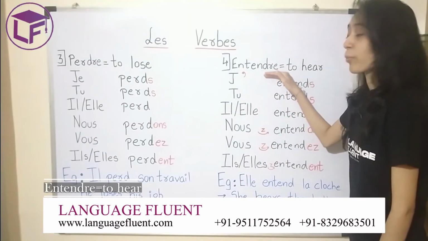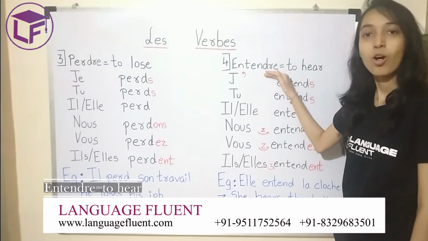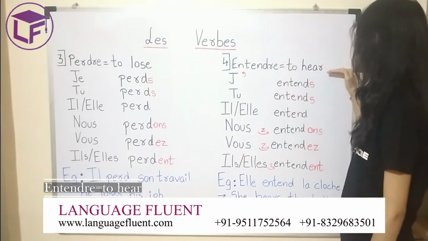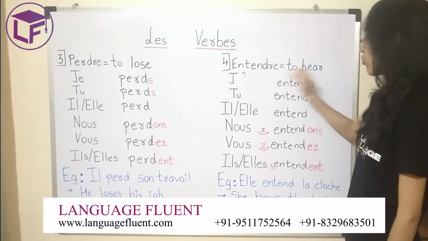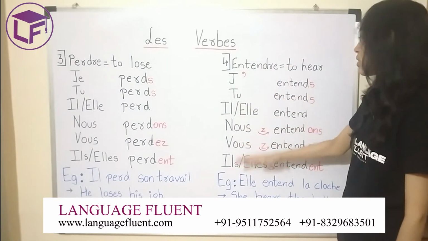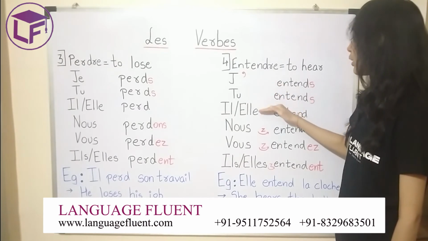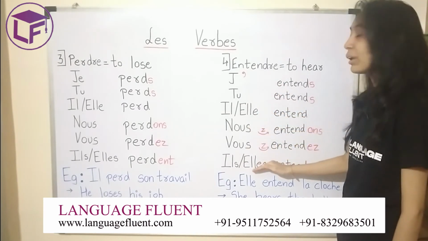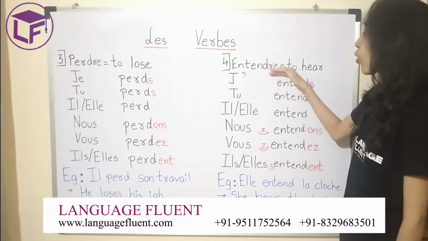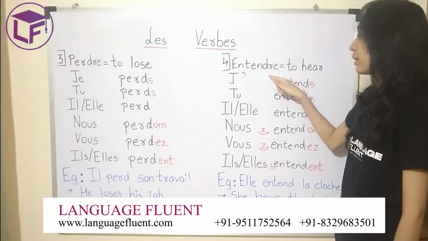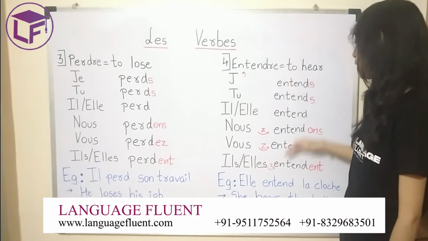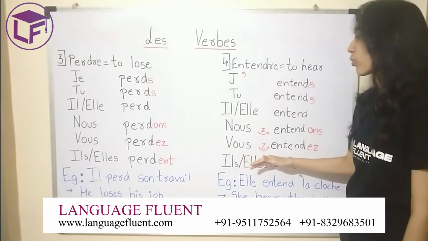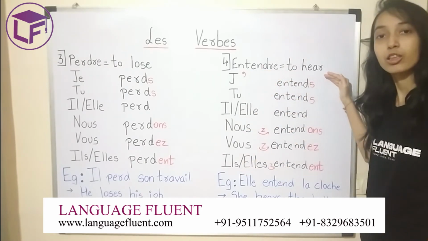The fourth verb is entendre. Entendre, which is to hear. To hear. Again, we write subject pronouns as they are. Je, tu, il, elle, nous, vous, ils, elles. Then from entendre we cut RE and we write ENTEND to each and every subject pronoun and we add endings to it.